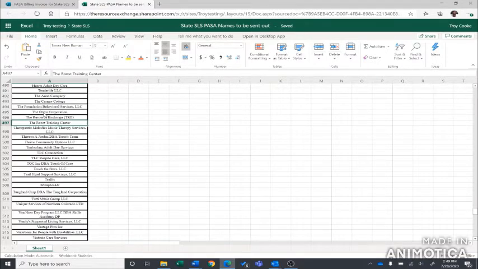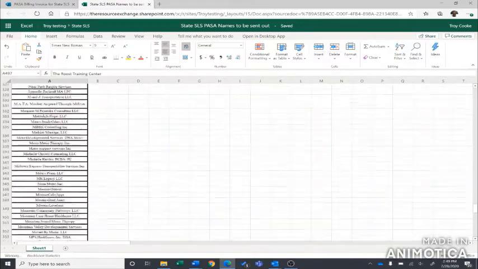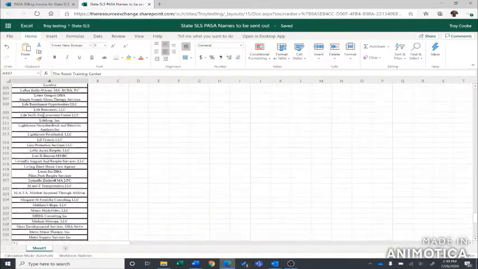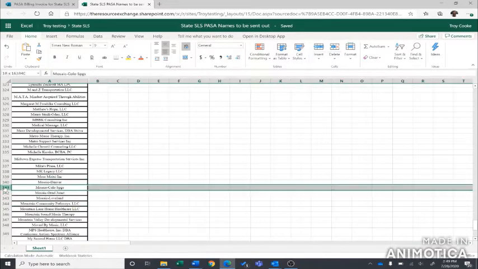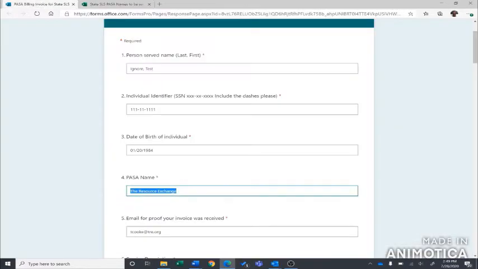The other thing to note is that if you're an organization that has multiple locations, Mosaic is a great example of this. Mosaic has a couple of different locations, as you can see right here. Mosaic will most likely be billing for Mosaic-Colorado Springs. So if you're working for Mosaic in the Colorado Springs location, you'll want to put into this PASA line, Mosaic-Colorado Springs.